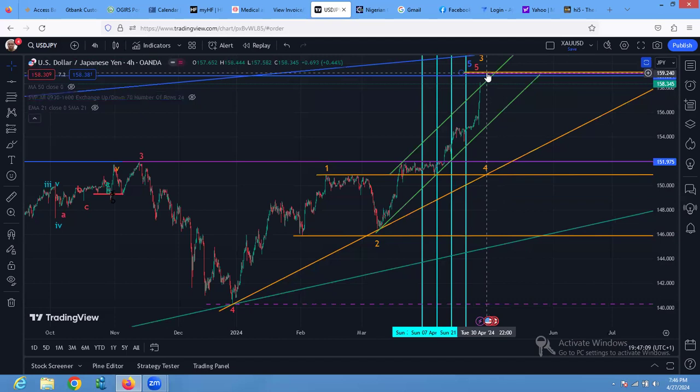I'm seeing this possibility of a reaction here for us to have a 4, and after a 4, a 5. Once you recognize that 5 go to the upside, then boom, it's going to be a very explosive move and a rocket move to the downside. Once it breaks this, then you know that the end diagonal is gone and we are going in a flash to the downside.